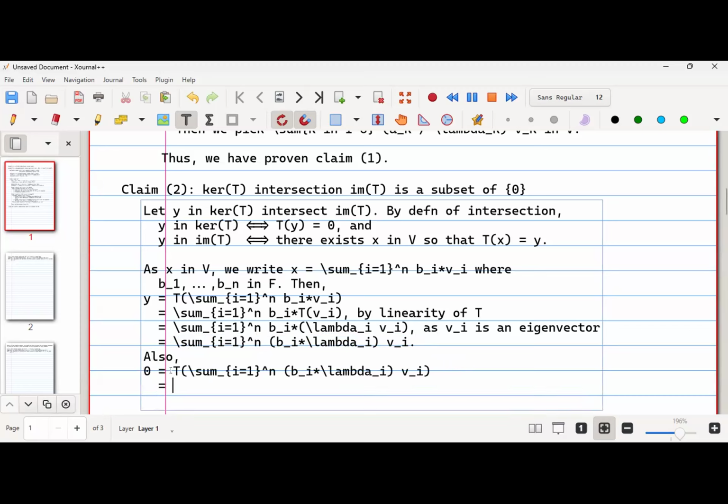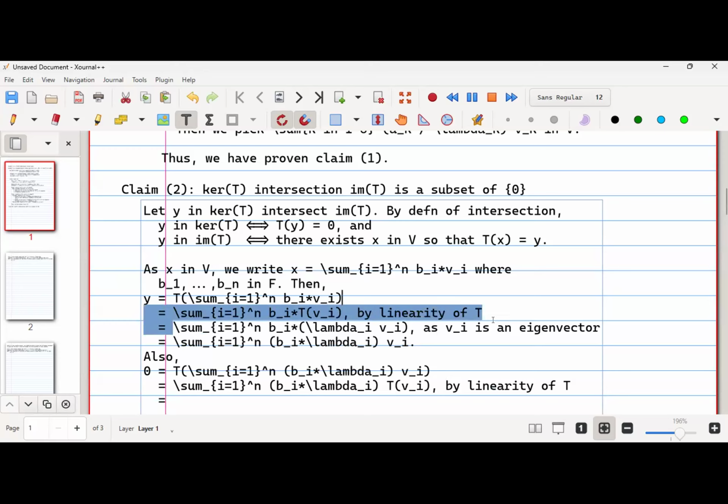Again, T is a linear map, so we can just rewrite this like so, by linearity of T. Then this is again an eigenvector.